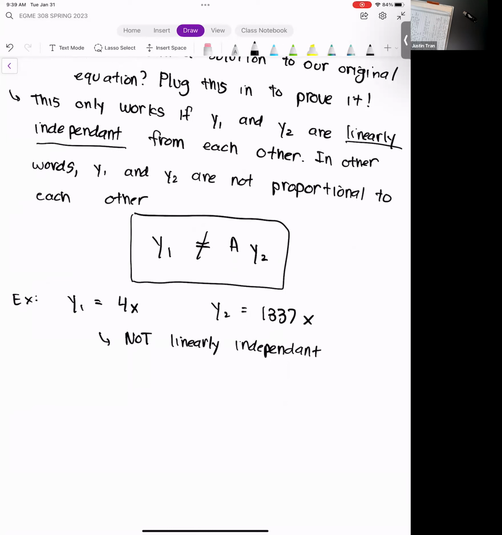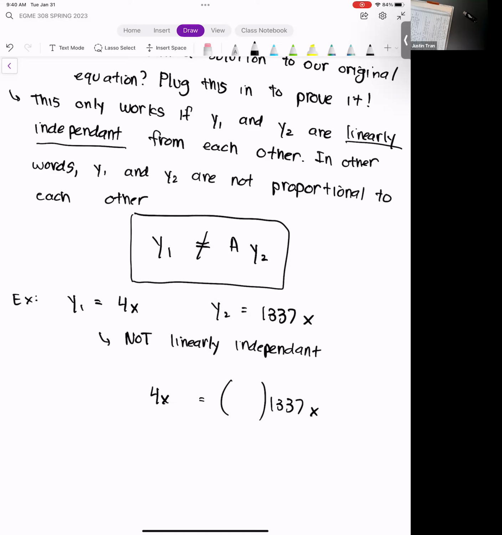We can say y1 is 4x and y2 is 1,337x. These two functions are actually proportional to each other, even though 4 and 1,337 are pretty far apart.